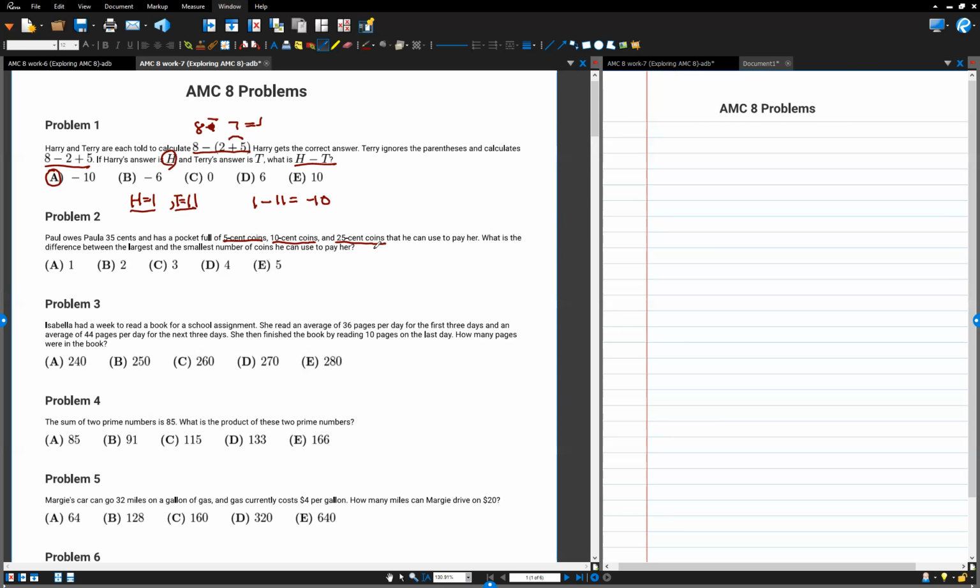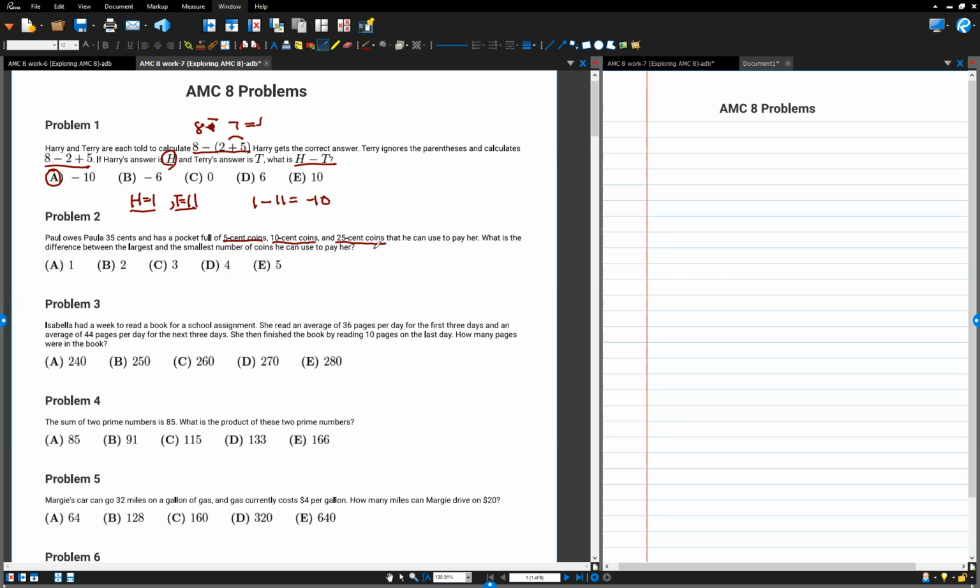A little confused, right? No, so if you're paying with the largest number of coins. Yeah, that's correct.